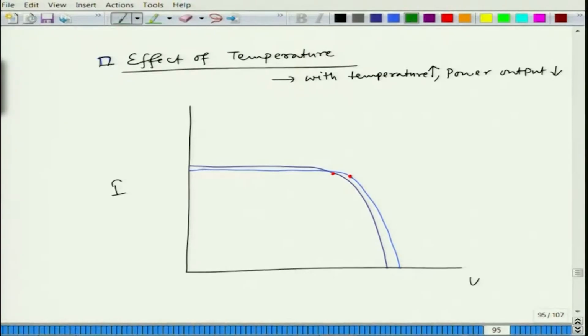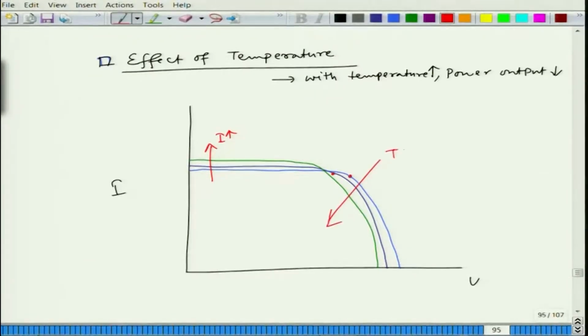Similarly, with drop in temperature, current will decrease and voltage will increase. Okay. So, that is how it is not overall shifting. What is happening here? The current ISC is increasing with temperature increase.